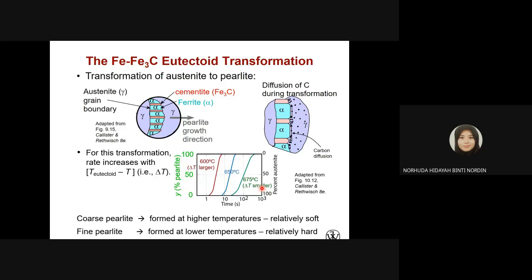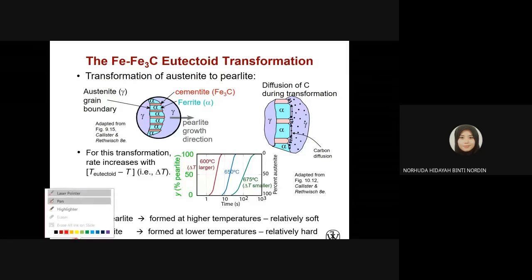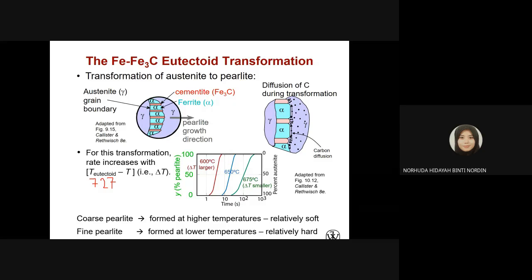So why is it that 600 is delta T larger and 675 is delta T smaller? You know that T eutectoid is at 727. So 727 minus 600, delta T is equal to 127, right?